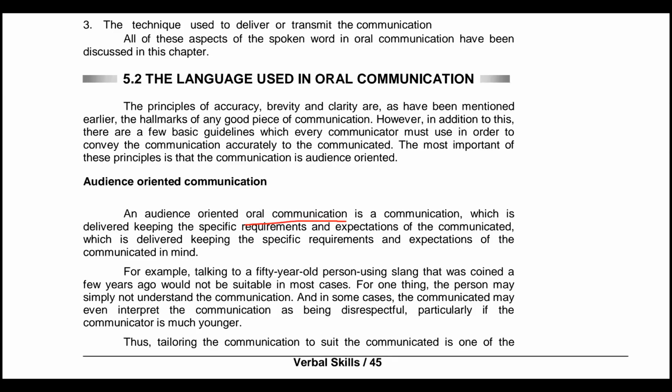It is delivered keeping the specific requirements and expectations of the communicated in mind. That is what we mean by audience-oriented communication.